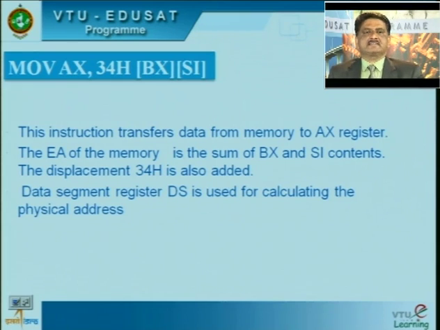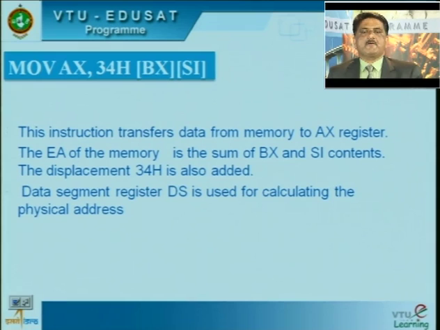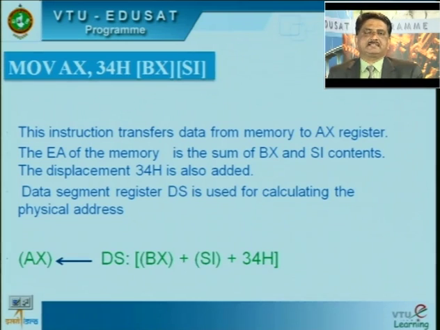The data segment register, that is the DS register, is used for calculating the physical address. Remember, your data will be either present in the data segment, or in the extra segment, or in the stack segment if you have stored the data in the stack. In a normal general scenario, your data will always be stored in the data segment. Obviously, the 8086 processor will be using the data segment register in calculating the physical address.